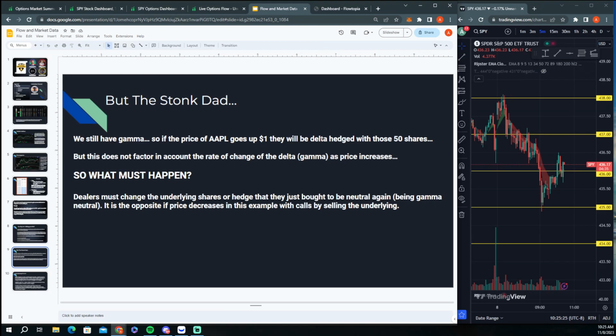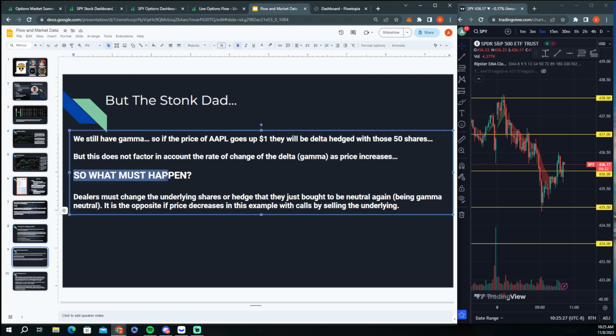Does that make sense? So what must happen once the gamma exposure level, or once the gamma comes in to a certain area? Dealers must change the underlying shares or hedge that they just bought to be neutral again. So they must be gamma neutral altogether, gamma and delta neutral. It is the opposite if price decreases in this example with calls, by selling the underlying.